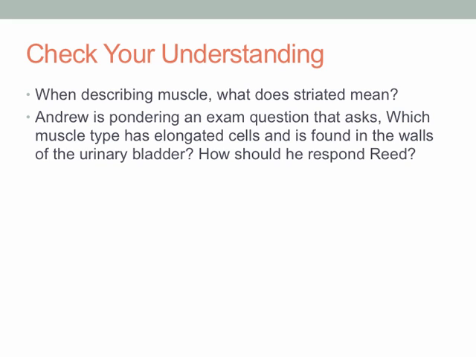Skeletal and smooth. So far, just the first part of the question says it has elongated cells, so I know it's either skeletal or smooth muscle, and is found in the walls of the urinary bladder. So that would be smooth muscle, right? Because smooth muscle is found in the walls of our hollow organs. So Andrew got that one right.